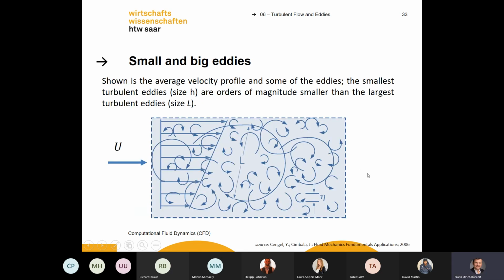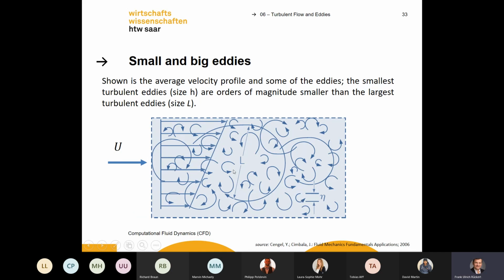And now let's look a bit at the size of the swirls. You have your U velocity, you have your mean velocity, and now you can have big swirls, really big swirls with a characteristic length, and you can have small swirls like this.